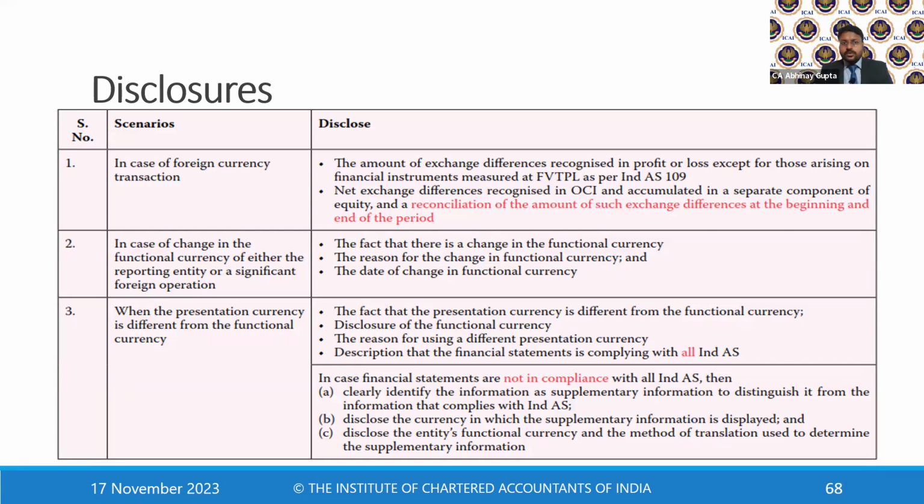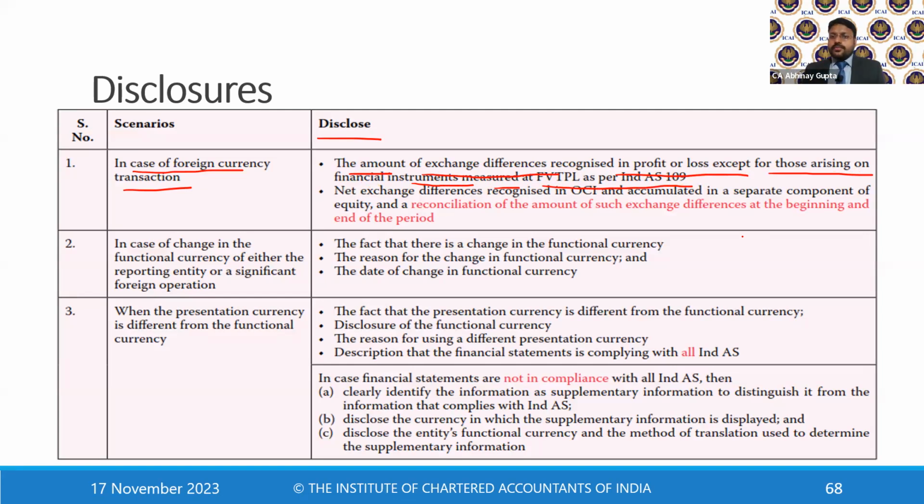Now there are certain disclosures required by this standard, which we need to talk about, because every standard has certain disclosures. So in case of the foreign currency transaction, disclose the amount of the exchange difference recognized in the profit or loss, except for those arising on financial instruments measured at fair value through P&L as per Ind AS 109.